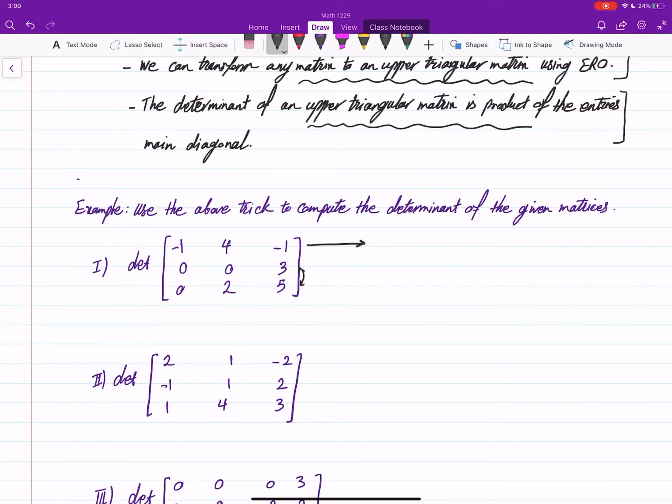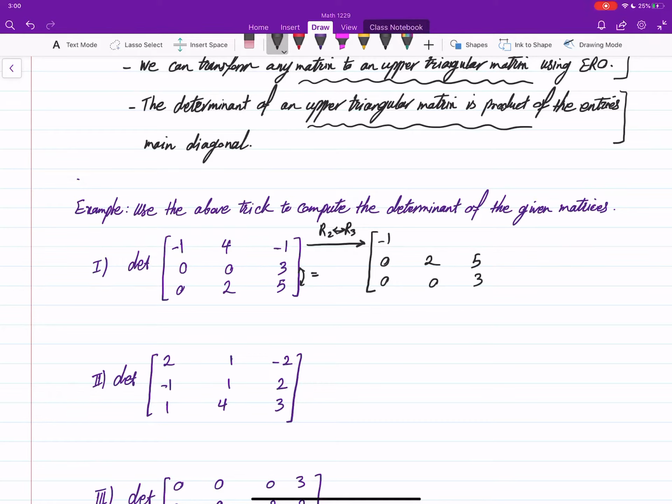I'll write the elementary row operations up here, so I will change R2, R3, but keep track of the determinant on the main line. If you interchange row 2 and row 3, you will get this matrix.